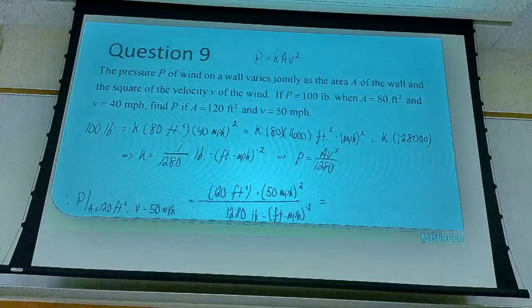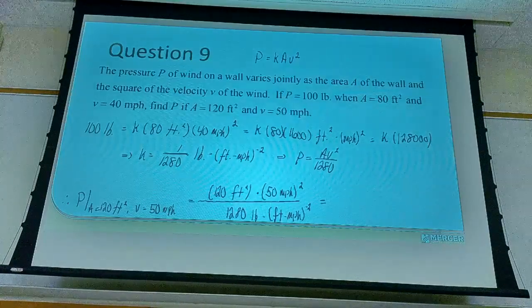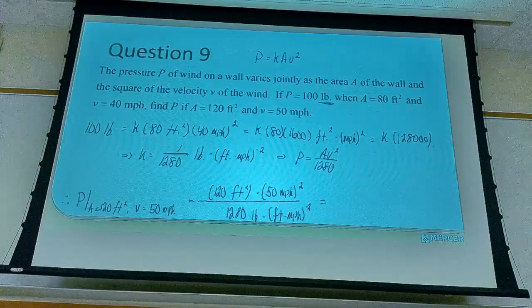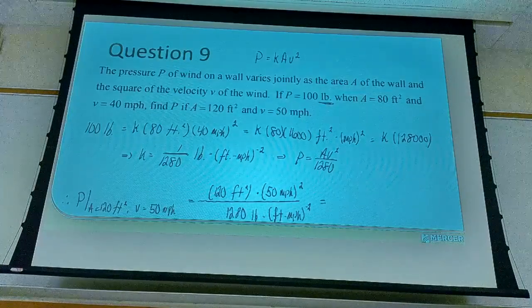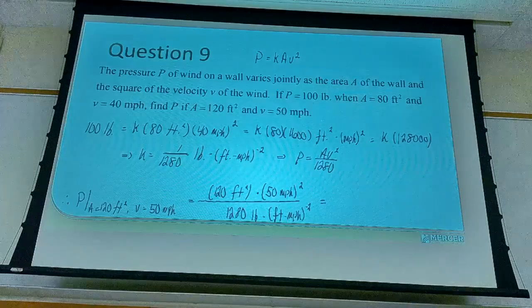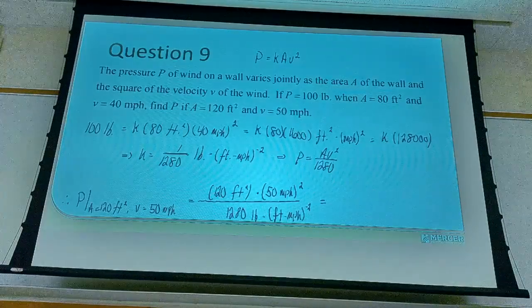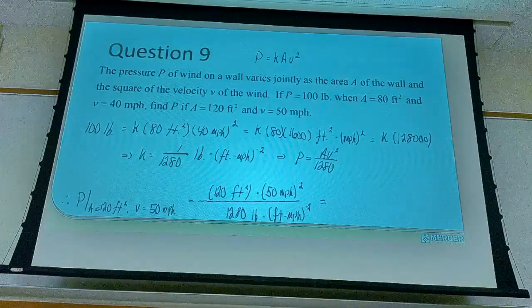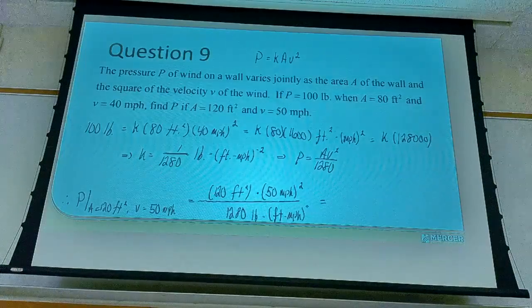They told you what the unit of pressure is. Pressure is a force. So units are pounds. So that should all be to the -1 in the denominator.